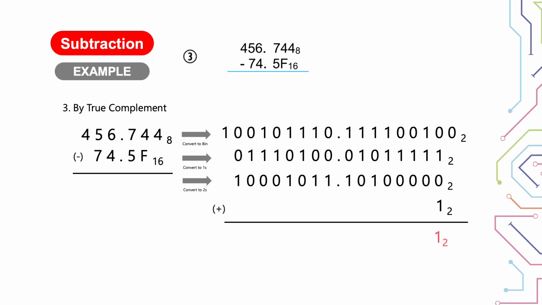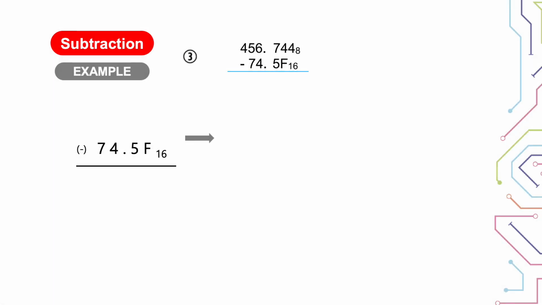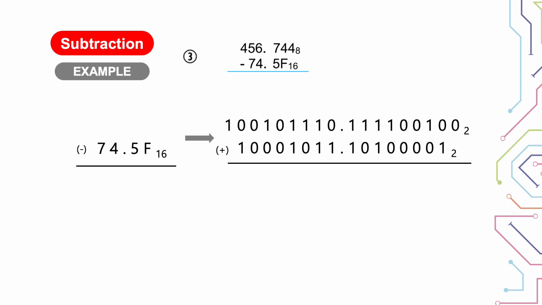So, magkakaroon tayo ng ganitong equivalent. Now, this converted two's complement will be added sa ating minuend. Ito na yung nakuha kanina, and then ito na yung minuend natin. Now, gagawin natin, i-add na lang.